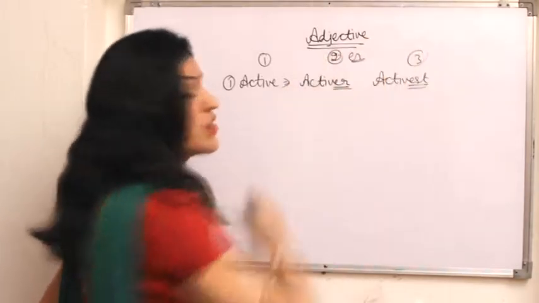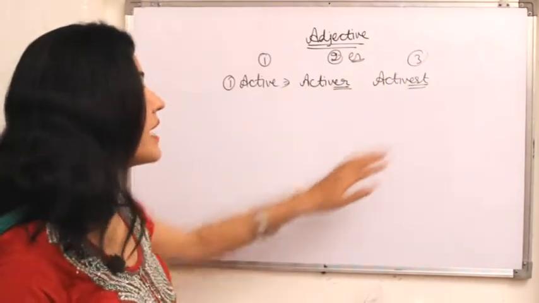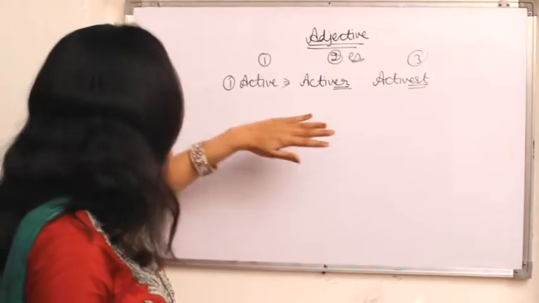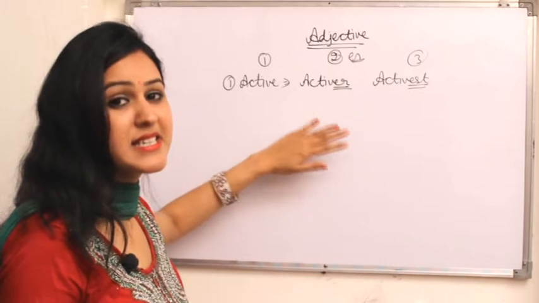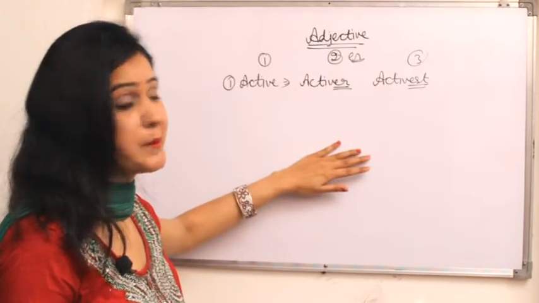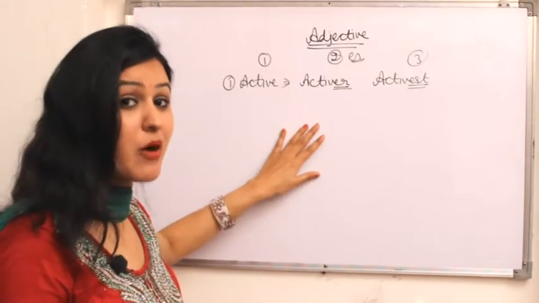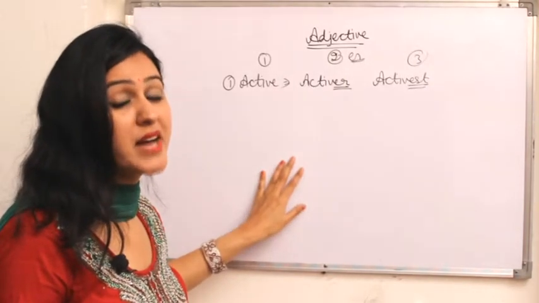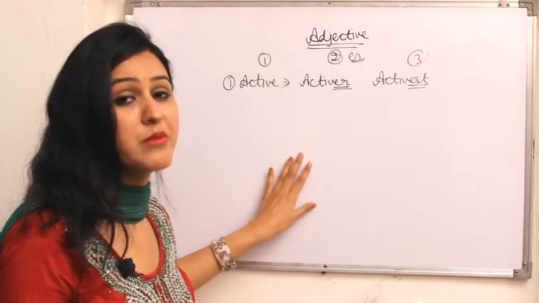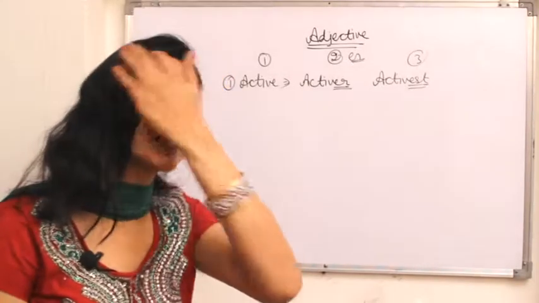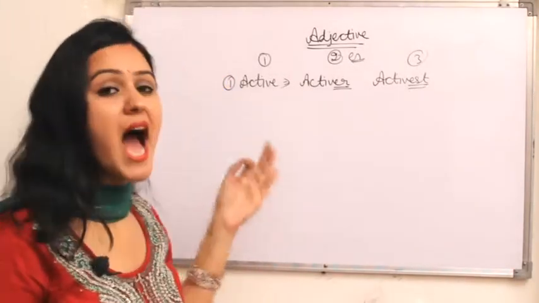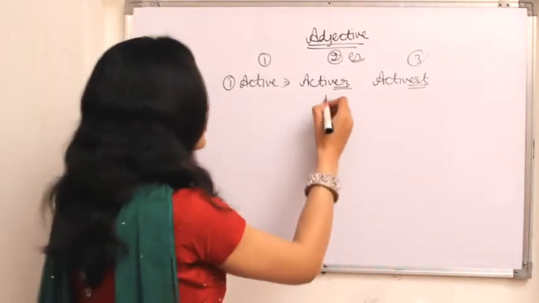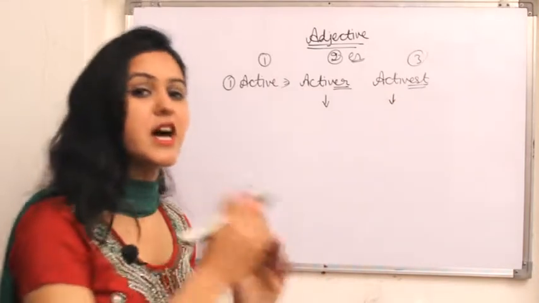In the third degree order, I told you that you have to put est at the end, but right now this sentence is meaningless because I'm talking about more and most. So always remember that when we are talking about more and most in comparative and superlative forms, you just have to add more and most to the adjective.